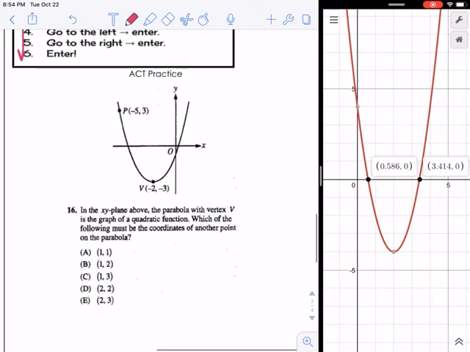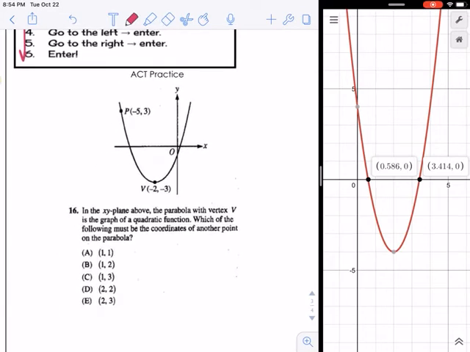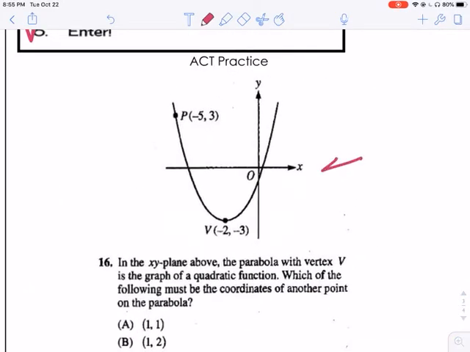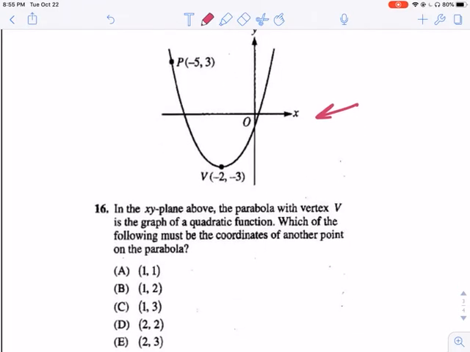And then finally, I have some ACT practice here. I want to make sure that we are getting ready to see what this would look like on the ACT. We have a parabola here, and it says in the xy plane above, the parabola with vertex v, so we know this is the vertex, is the graph of a quadratic function.